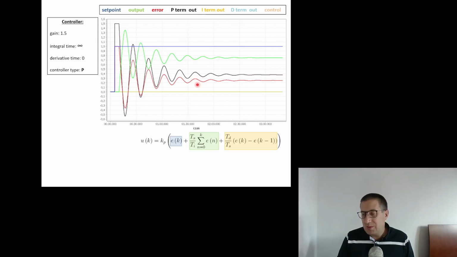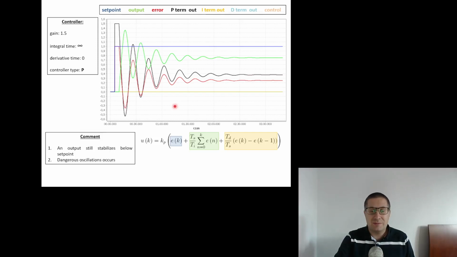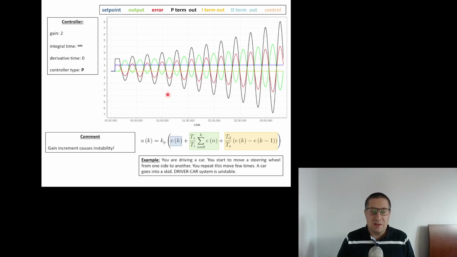But suppose that we have a chance to check what will happen if we increase the gain. In this particular case, the closed loop system is not stable anymore, right?